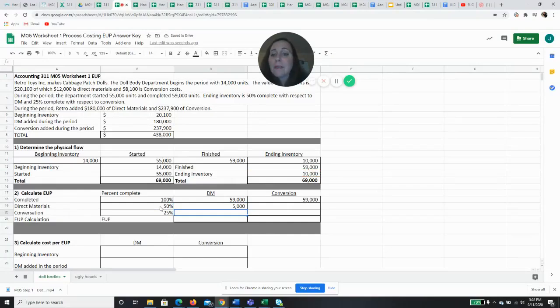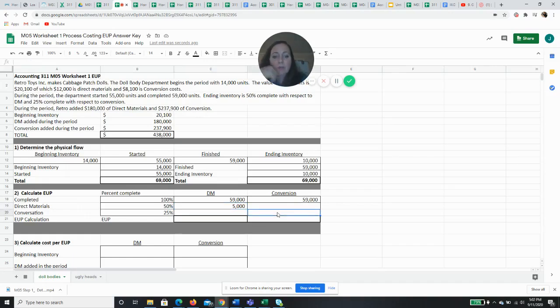So given the amount of direct materials that we have in the system, we could have completed 5,000, but actually instead we have 10,000 that are incomplete, right? Some of them may be a little bit incomplete, some may be a lot incomplete, but all in all, if those were finished based on them being 50% complete, we would have had 5,000 complete units. That's the equivalent units of production. How many could we have completed?